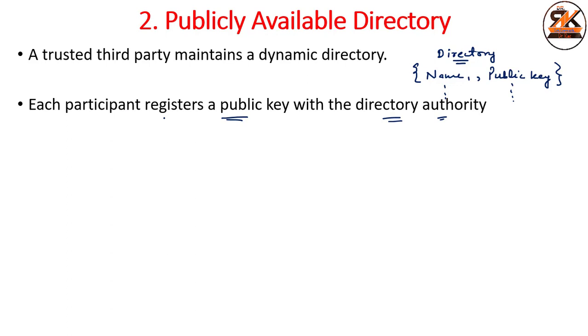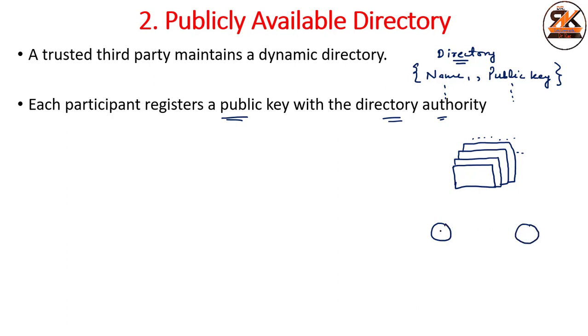So in this scenario, you have a trusted third party which is maintaining a directory. There will be a directory like this, and this directory will have a number of entries. Each user is going to send or share its public key with this directory.